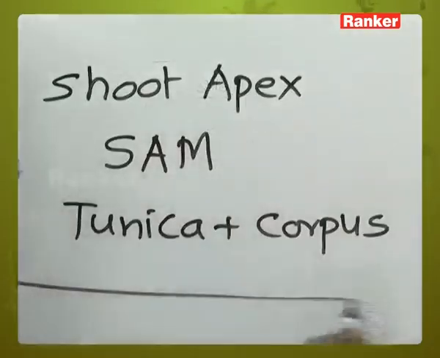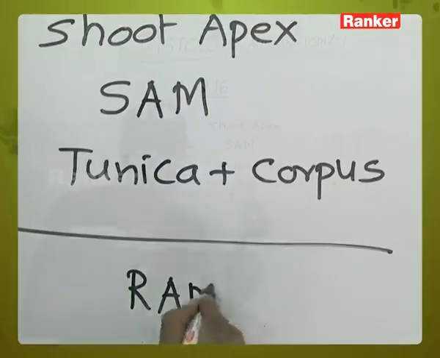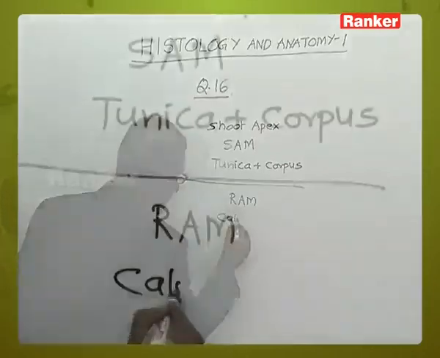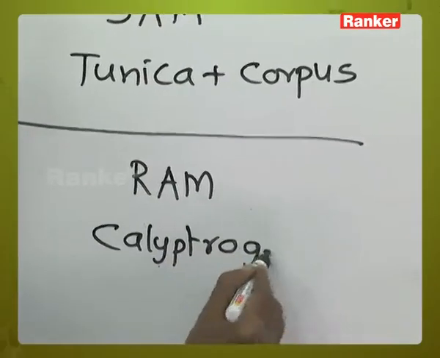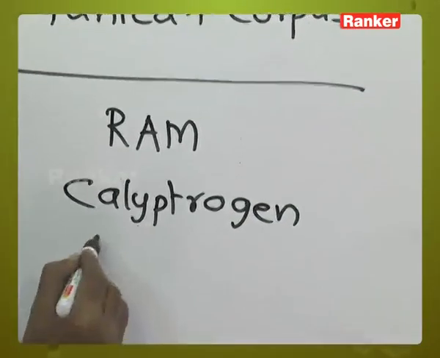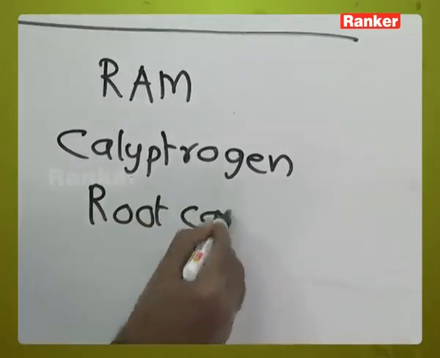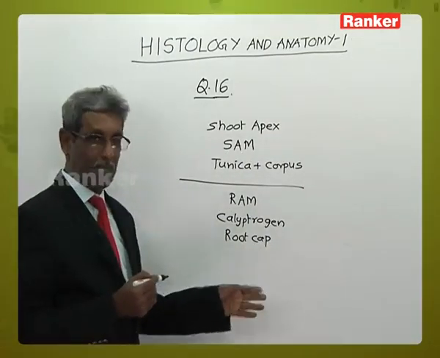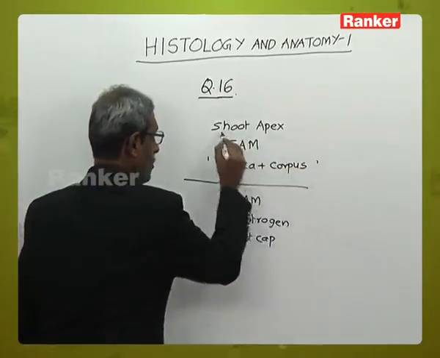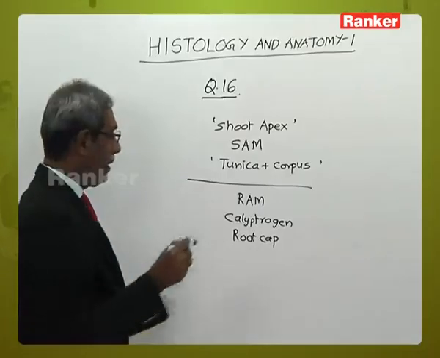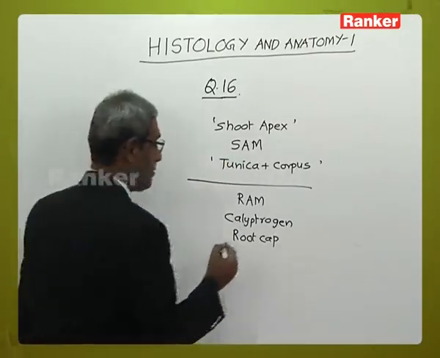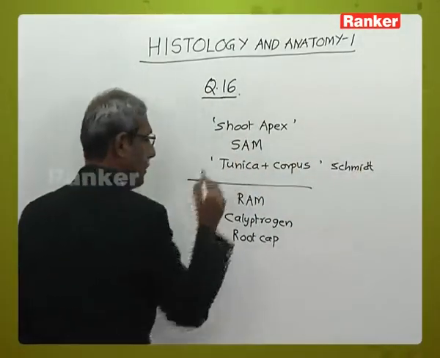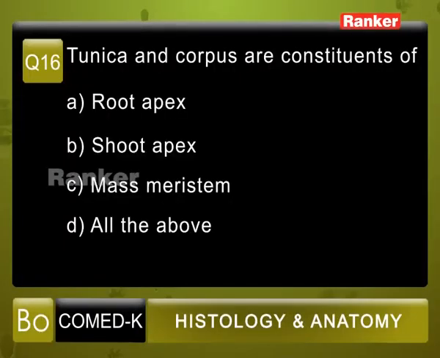While the root apical meristem, RAM, is always made up of the calyptrogen, and it also has a root cap, and it has basic tissues like the dermatogen which gives rise to the epidermis. So tunica and corpus are constituents of the shoot apex. The tunica-corpus theory, which has been proposed by Schmidt, relates to the shoot apex organization. Hence the answer is B.